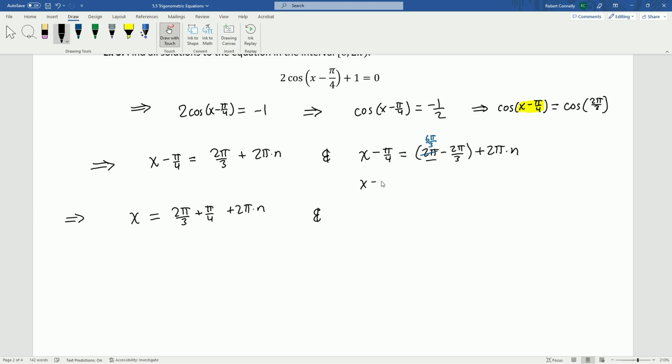That gives me x minus pi over 4 equals 4 pi thirds plus 2 pi n. And now I'm going to add my pi over 4 to the other side. So I get 4 pi thirds plus pi over 4 plus 2 pi times n.